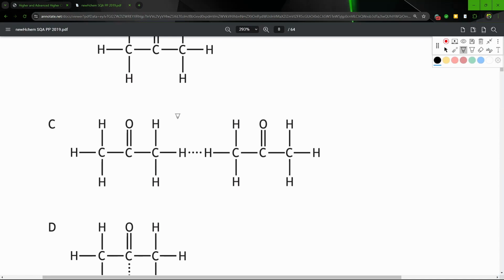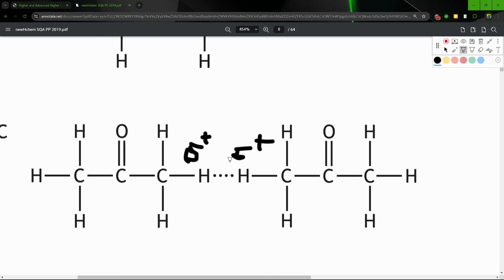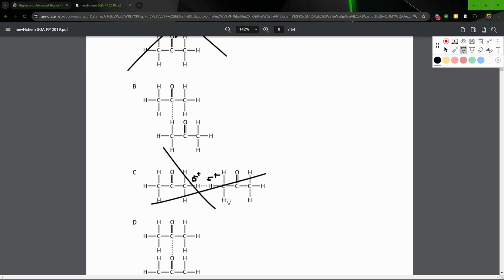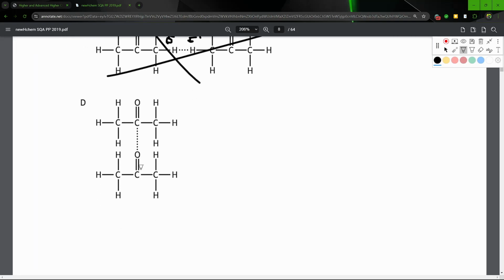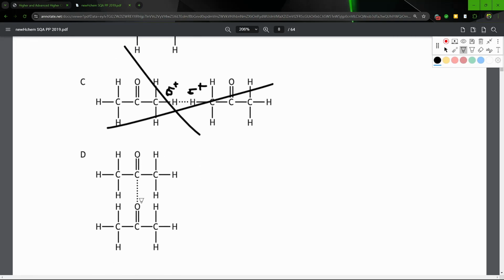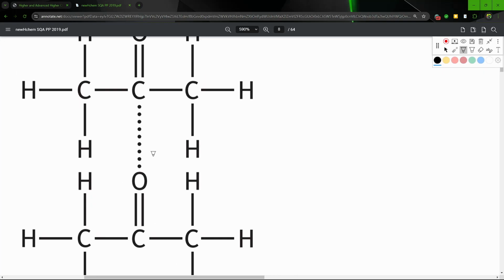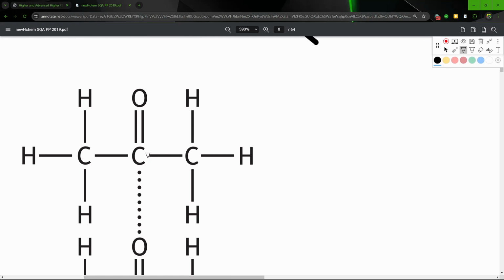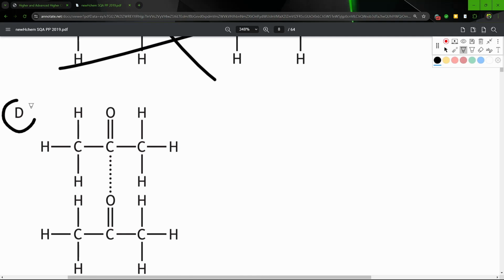So that means it's two positives attracting each other, which is, of course, not something that can happen. So it cannot be C. When you look at D, that's good because we've got our strongest, most powerful dipole of oxygen and carbon, and they're connected in the correct way. Which means it's going to be D.